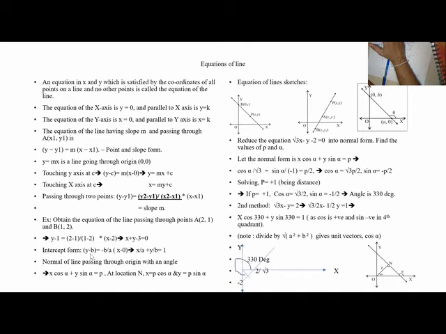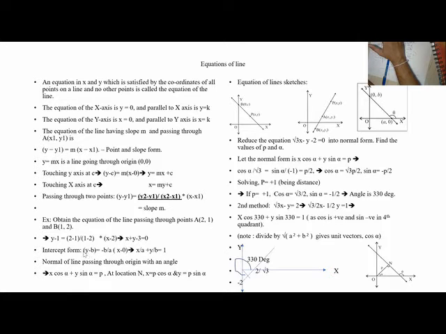So we have seen the intercept form, x by a plus y by b is equal to 1. Here the intercept on the x-axis is when y is 0, so x is a, and when x is 0, y is b. So these are the intercepts on the x and y axes.